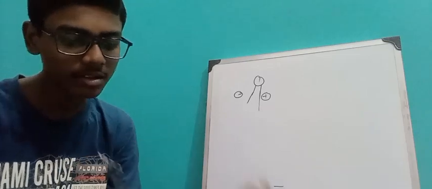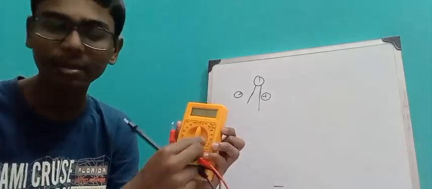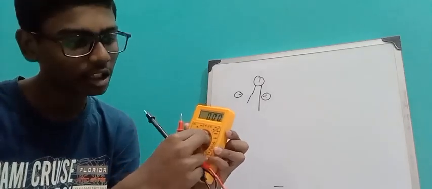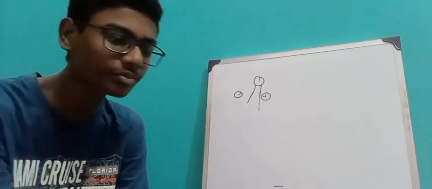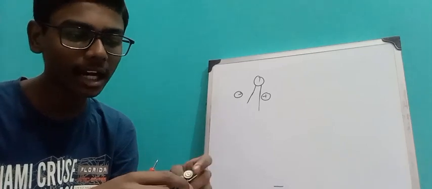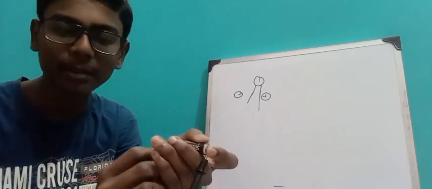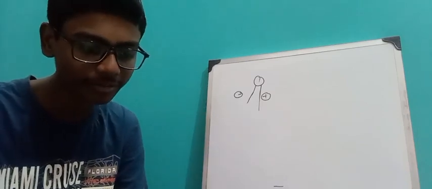Before that we have to adjust this dial of the multimeter. This is the section of volt measurement, so we have to adjust it like this. Now we will hold the two probes like I'm showing you, in this way.